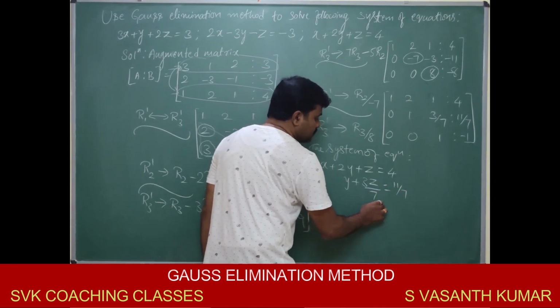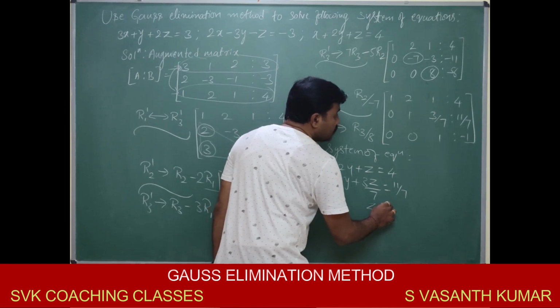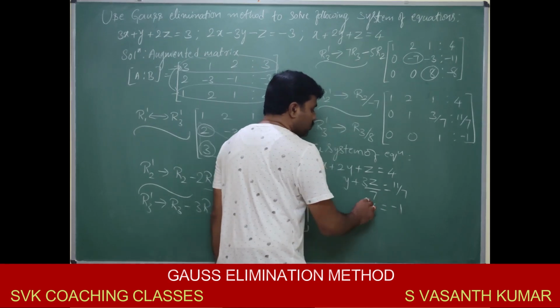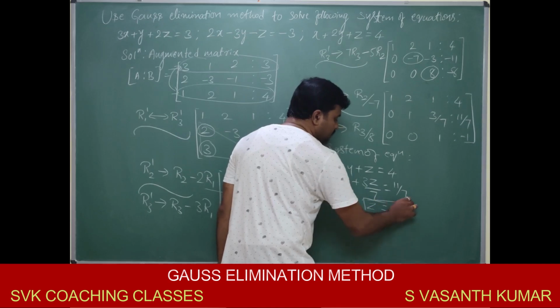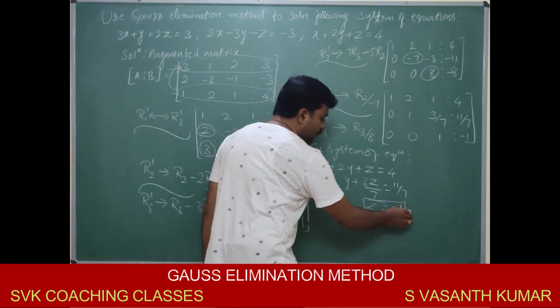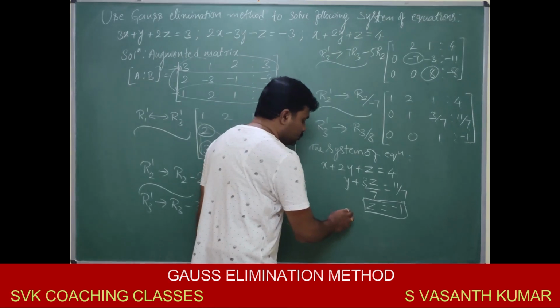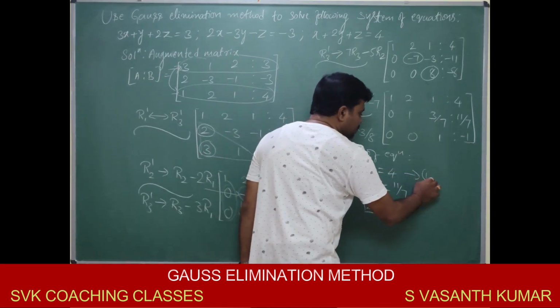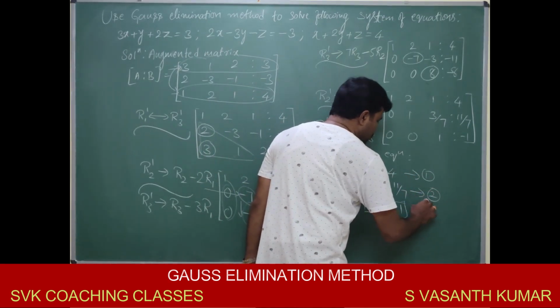The last is z equal to minus 1. So I came to know the value of z as minus 1. Substituting the value of z in the above equations, you can name these as equations 1, 2 and 3.